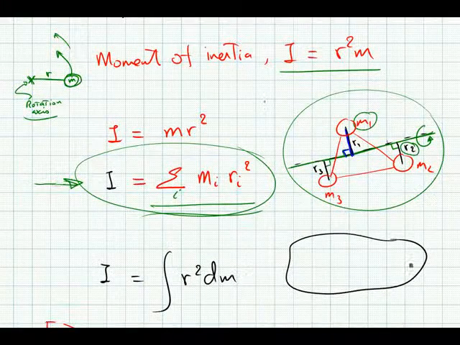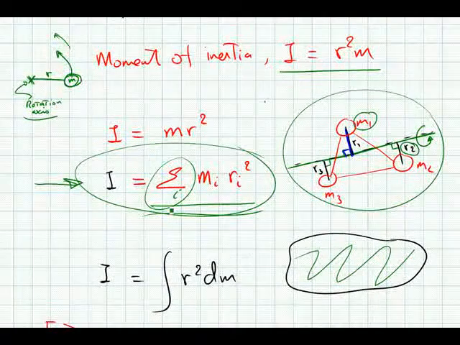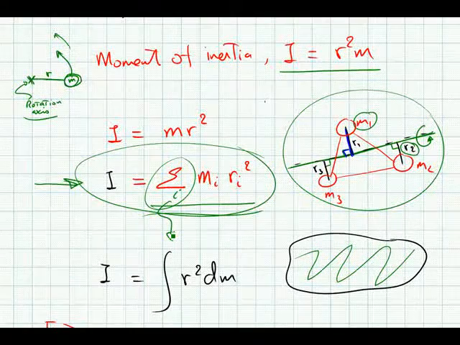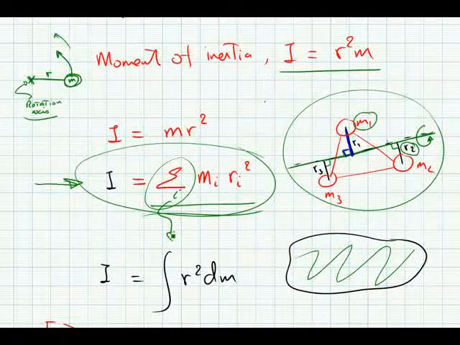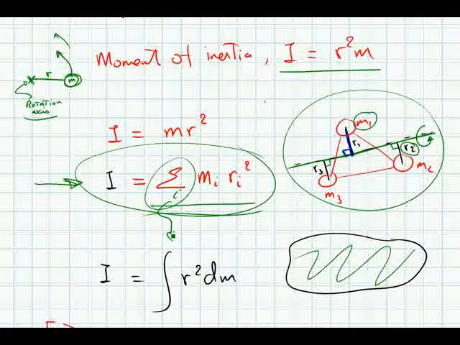If you have a rigid body, then the sum notation of course takes the form of an integral. In the textbook, the methodology for using the integral technique to calculate the moment of inertia is introduced.